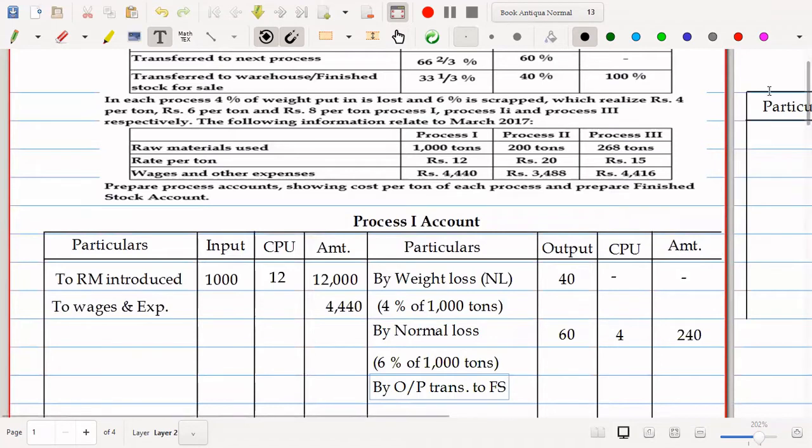What's given? You can see transfer to finished stock here, or you can first take transfer to next process itself, transferred to process 2.